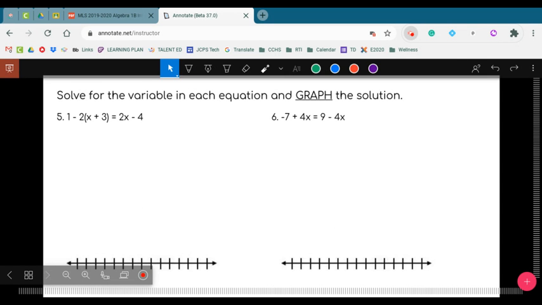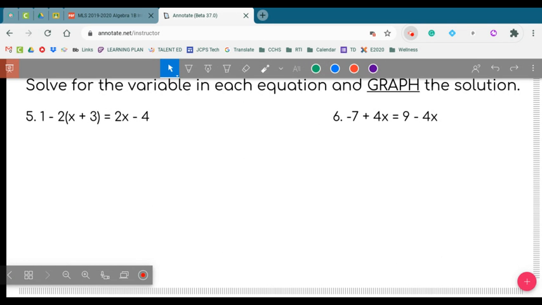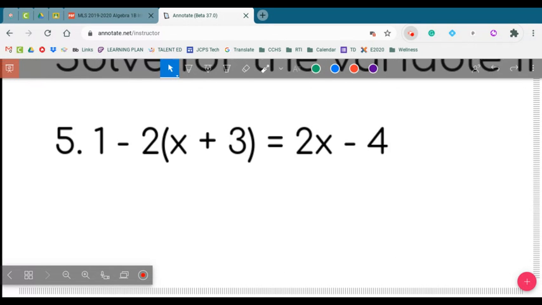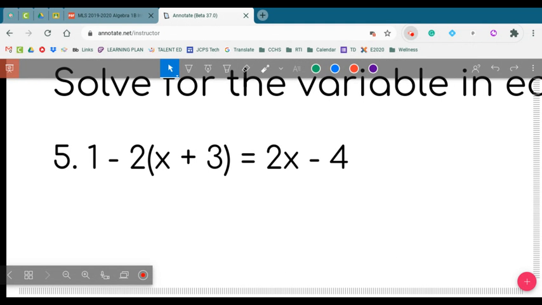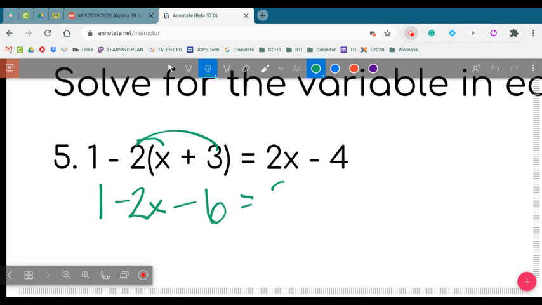Okay, now these ones we're going to solve for the variable and then we're going to graph them. So number 5, my first step, I see parentheses, so I'm going to distribute. So you bring down your 1, negative 2 times x is going to give you negative 2x. Negative 2 times 3 is going to give you negative 6 equals 2x minus 4.